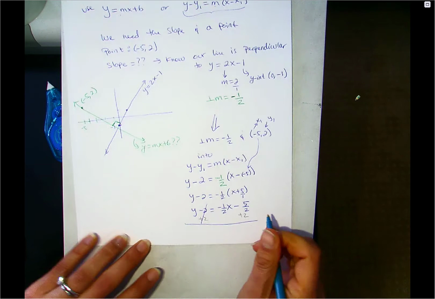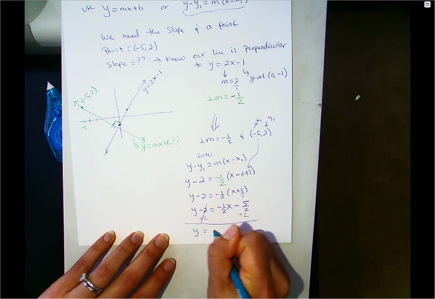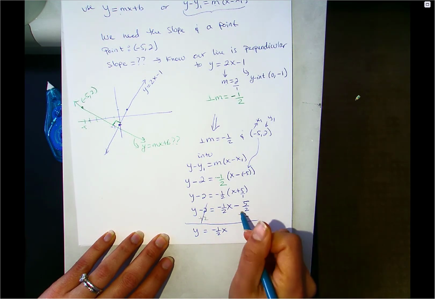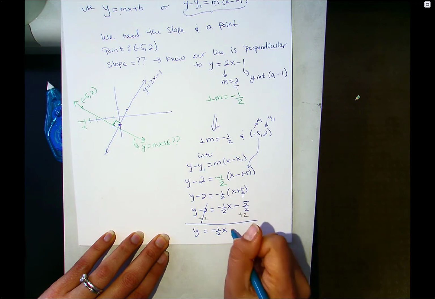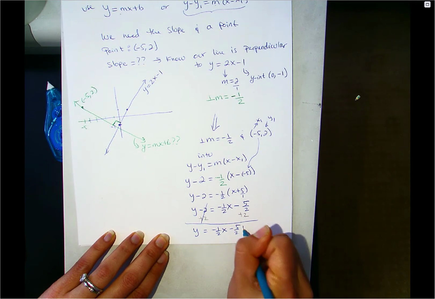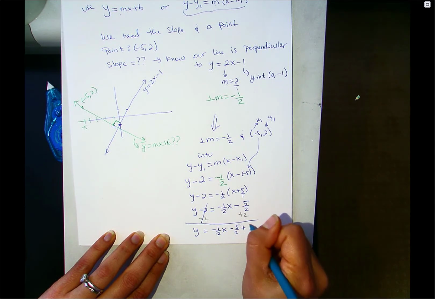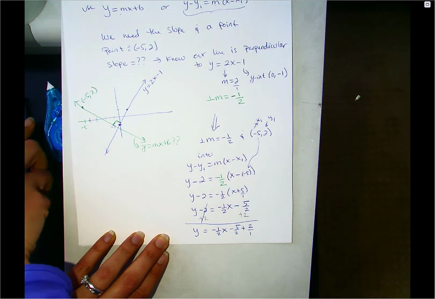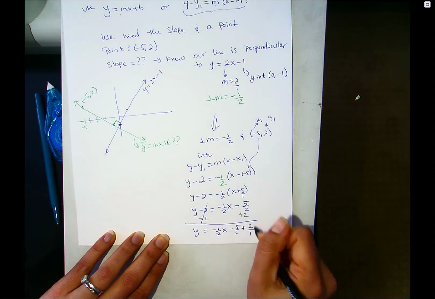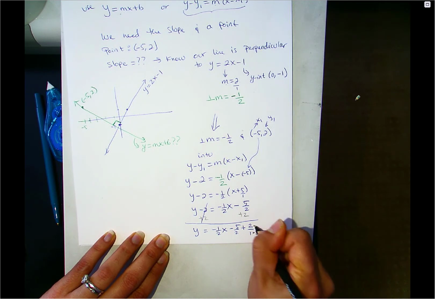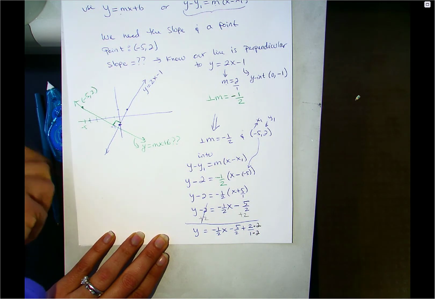So here it goes away. I'm going to have y equals -1/2 x minus 5/2 plus 2. I can think of that as 2 over 1 and get a common denominator. Common denominator is 2, so multiply top and bottom by 2.